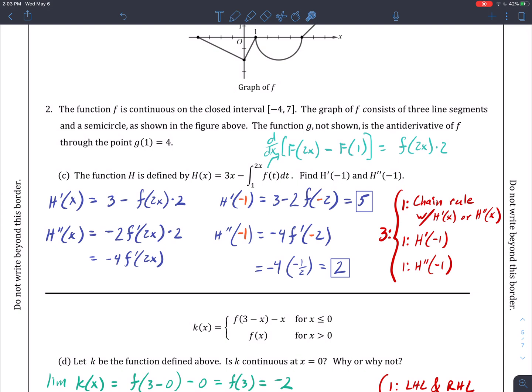In other words, differentiating this integral means taking 2x and plugging in for t, like I did here, and then multiplying by the derivative of that 2x. I gave you guys this formula in the notes, and this is a nice little trick that I think students tend to overlook too frequently.